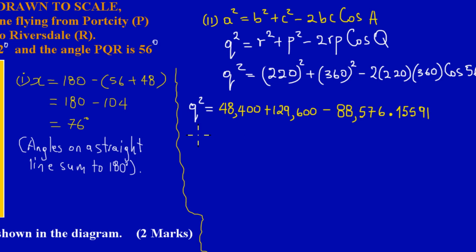So now, my friends, in this line we're going to have Q square is equal to, and when I add 48,400 to 129,600, my sum is 178,000. Then I'm subtracting from that, bringing down back my 88,576.15591.